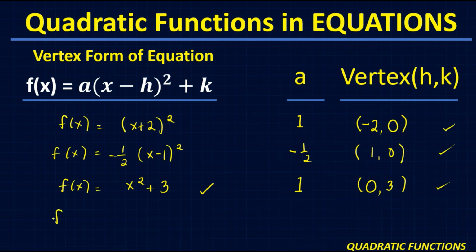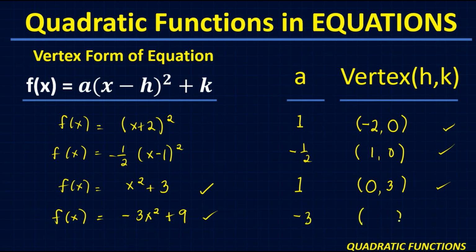Next, how about if we have f of x is equal to negative 3x squared plus 9. So a here is negative 3, of course.